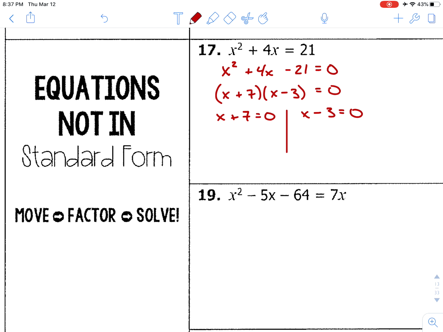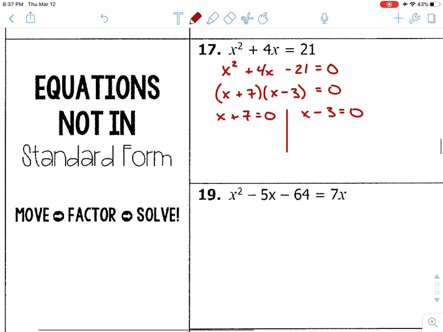On the left, I have x plus 7 equals 0. So I can subtract 7 on both sides. So I can solve for x and get x equals negative 7. On the right, I have x minus 3 equals 0. So if I add 3 to both sides, it'll get x by itself and give me x equals 3. So again, here now I get my two solutions when I write them in set notation. Inside curly brackets, I have x equals negative 7 and 3 for my two solutions to this equation.